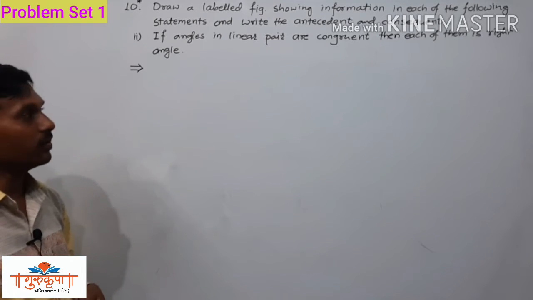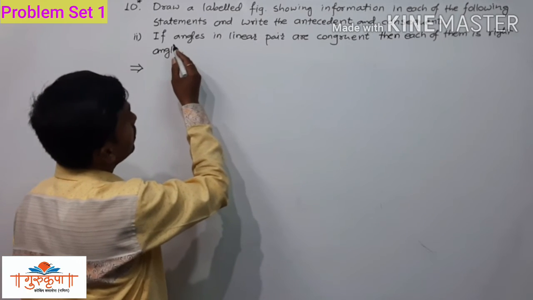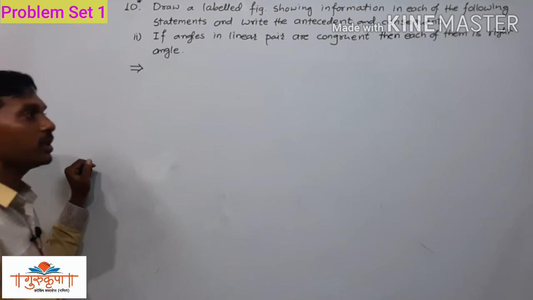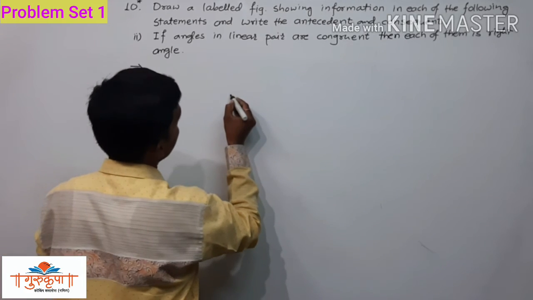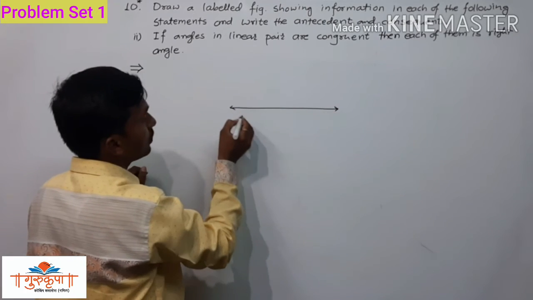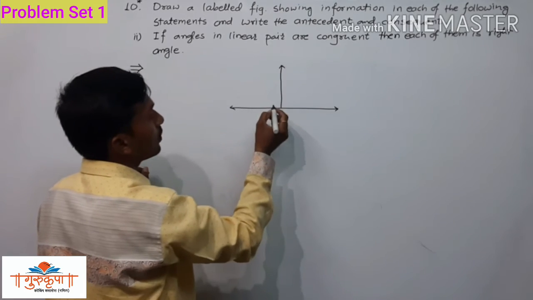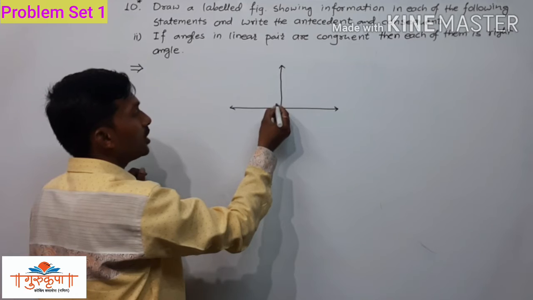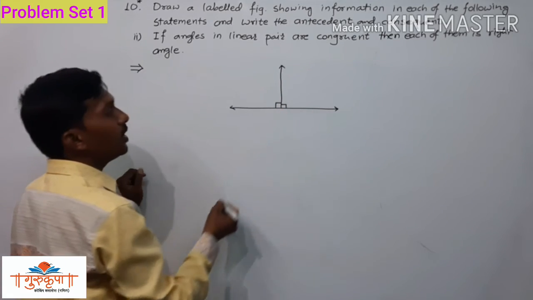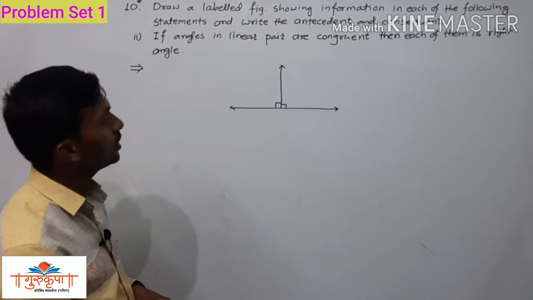So we have to draw a figure of angles in linear pair which are congruent with each other. Here these are the angles in linear pair, and if the angles in linear pair are congruent with each other, then they are right angles.